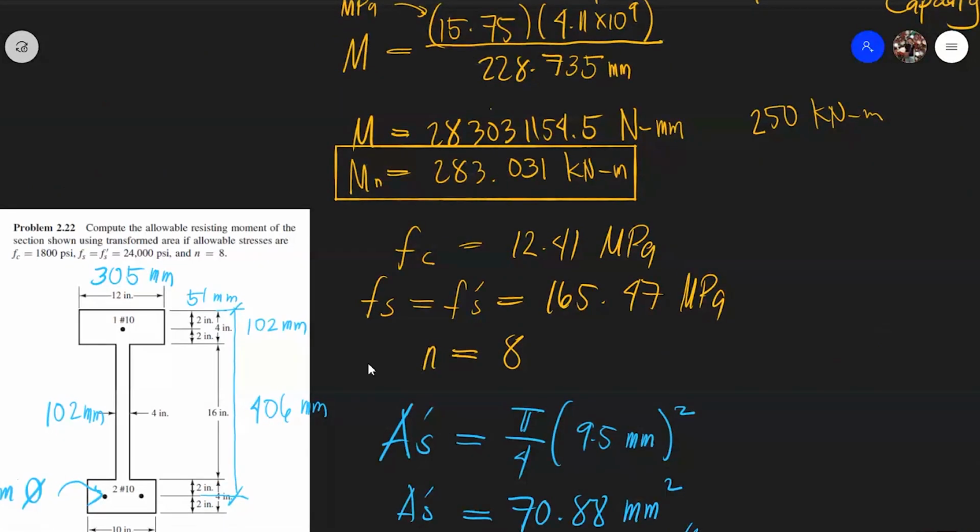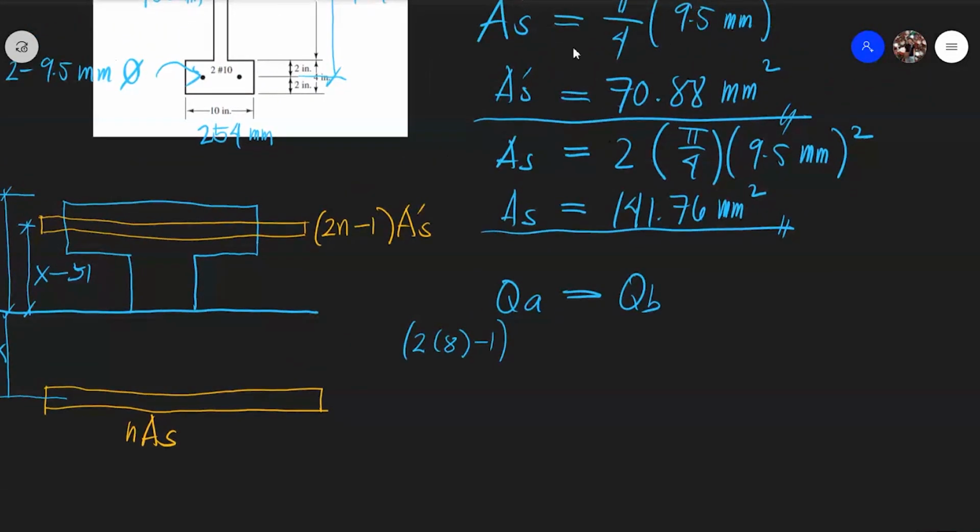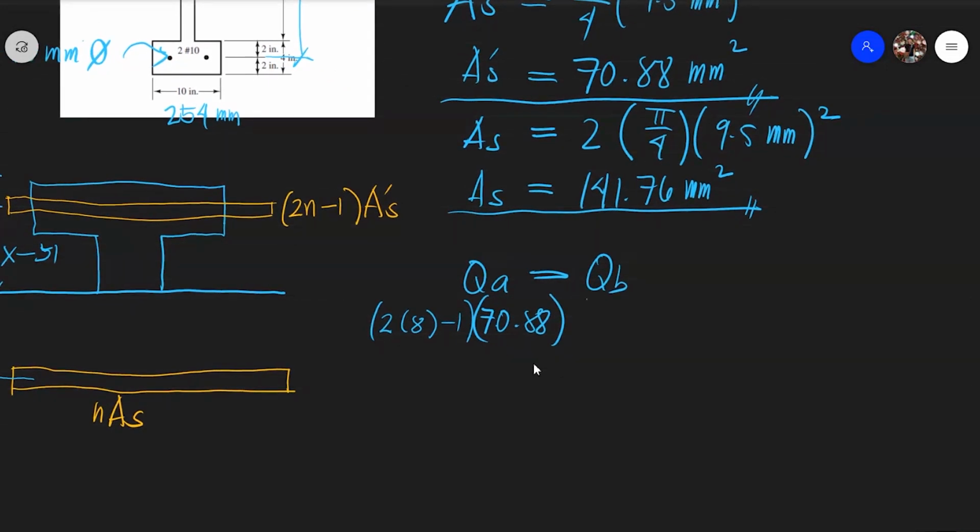So the area is 2 times 8 minus 1, multiplied by AS prime. We already solved AS prime, which is 70.88. That is the area, 2N minus 1 AS prime. Its distance from the neutral axis is x minus 51. It is a moment of area.